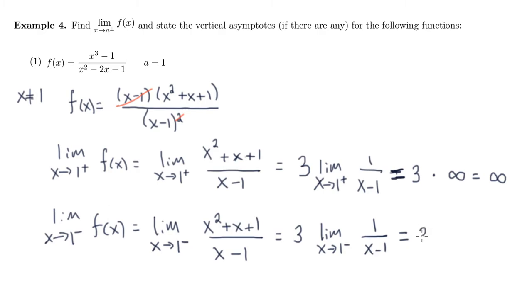So this is just 3 times something tending towards negative infinity. The 3 is not going to make a difference; I'm just going to get negative infinity. So we see these are the limits as x approaches 1 from the right and from the left, and this is more than sufficient to tell us that we have a vertical asymptote, specifically at x equals 1.